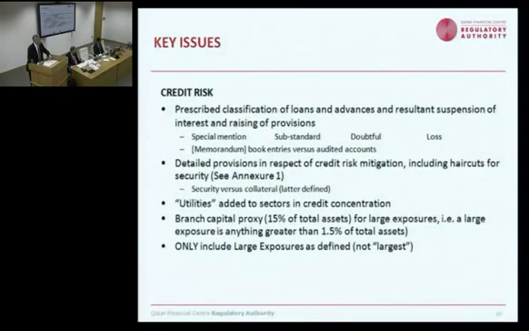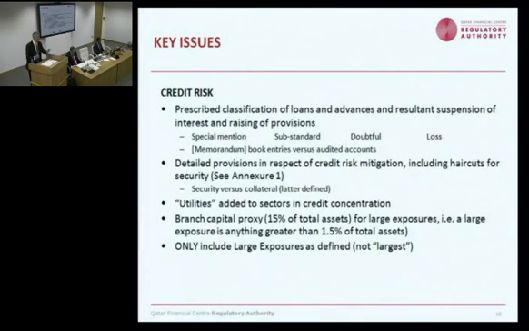There has been some confusion, and if you're not quite sure, it's written at some length in the instructions. But I think the bottom line is that security and collateral is not the same thing. So where you have a property as security, that is security. Property is not collateral, by definition.